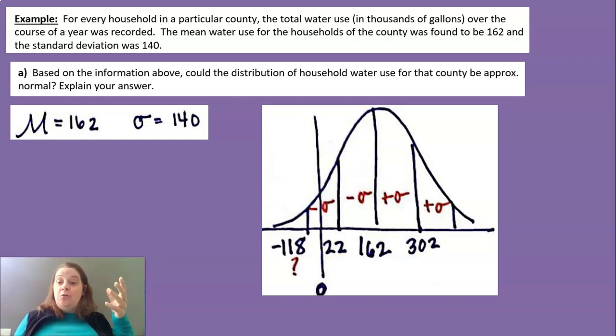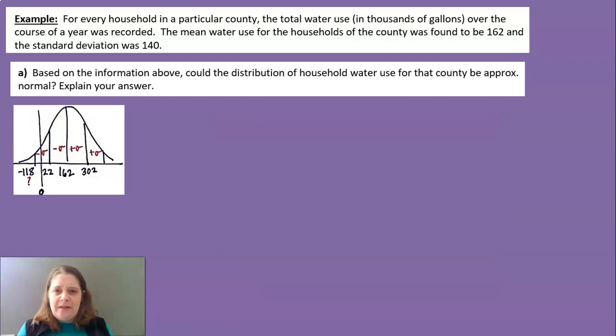When I go down 2 standard deviations, I get to negative 118 gallons. All right, so the smallest number of gallons that could be used is 0. So we've basically run out of room for this to be approximately normal. I can't say that this is approximately normal because I can't fit 3 standard deviations in logically.